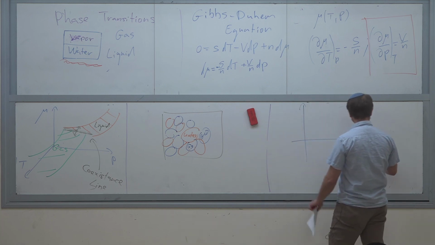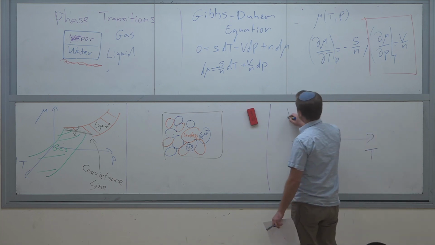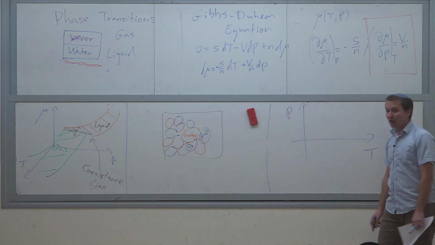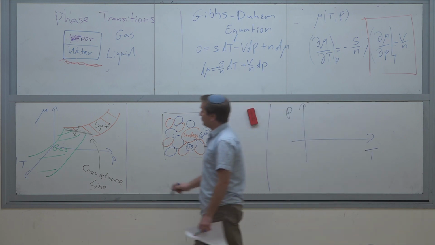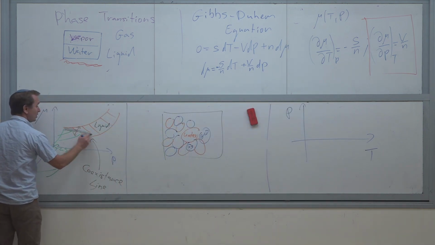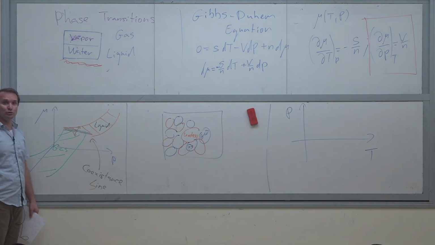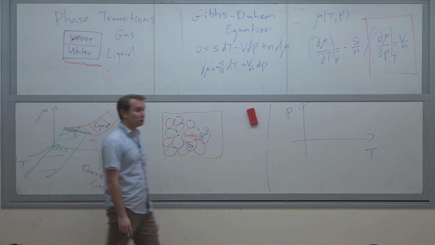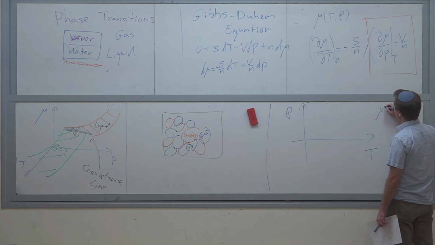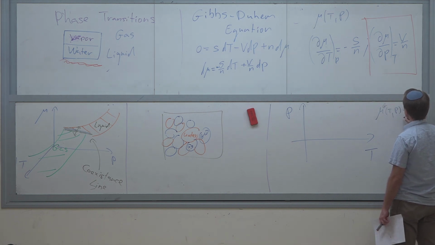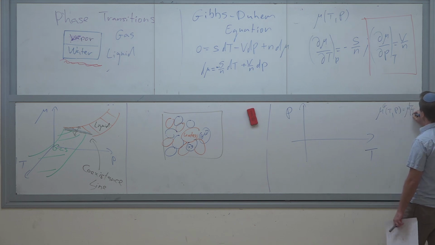Now we can plot P as a function of temperature T. And we know that at the coexistence line over here, the chemical potential of those two phases is equal to one another. So mu of gas of T and P equals mu of liquid of T and P.